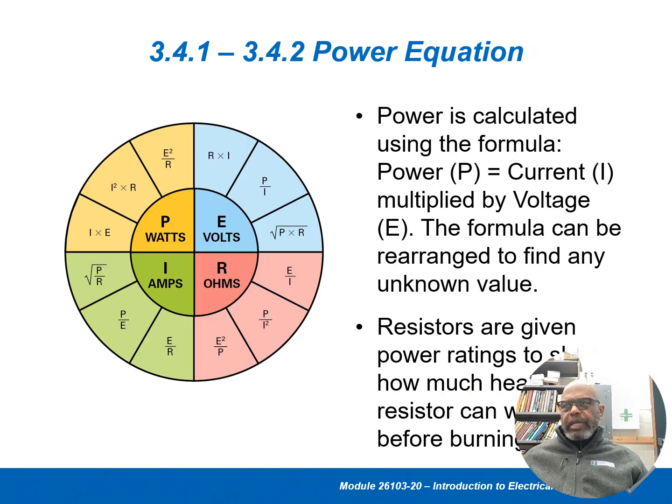This is a chart that is like Ohm's law. As a matter of fact, Ohm's law is part of this chart, but it goes a little bit deeper. It gives you every formula you can use to figure out the unknown. So again, let's look at this: you're looking at voltage. Here are the formulas: voltage is resistance times current, or power divided by current, or the square root of power times resistance.